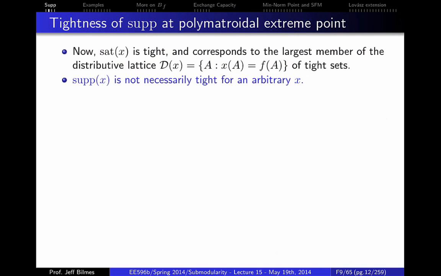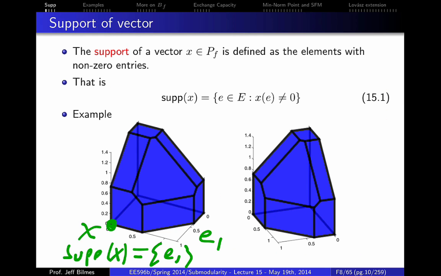Now, in general, support is not necessarily tight for an arbitrary x. Why is that? Just take any particular point here, like that guy. That guy is supposed to be on the bottom face of that polytope. His support is not tight anywhere. There's no point at which x(A) is equal to f(A) for any A.